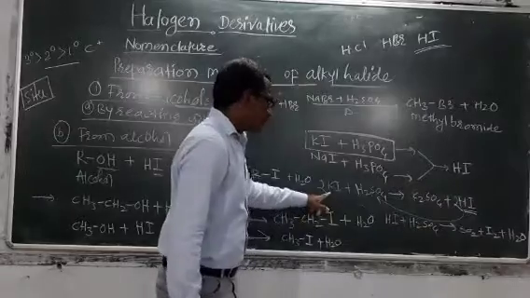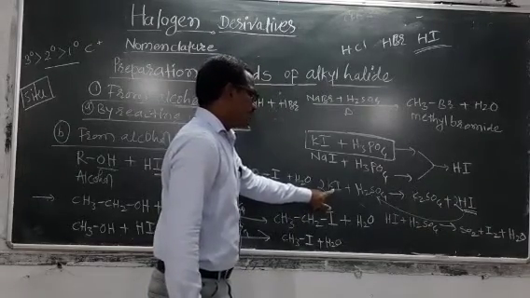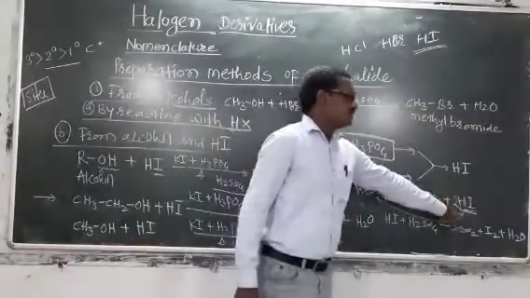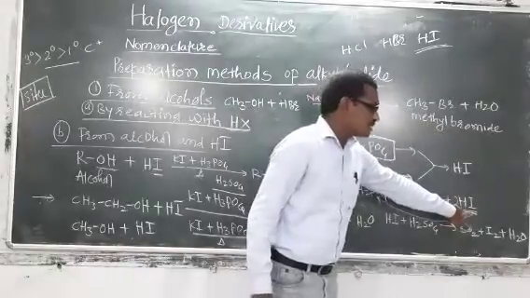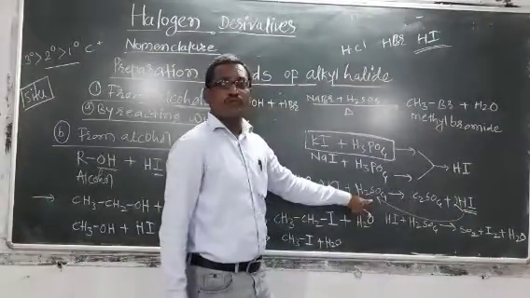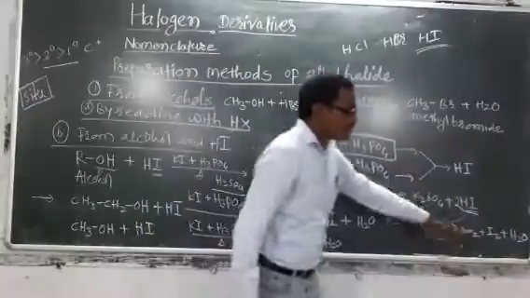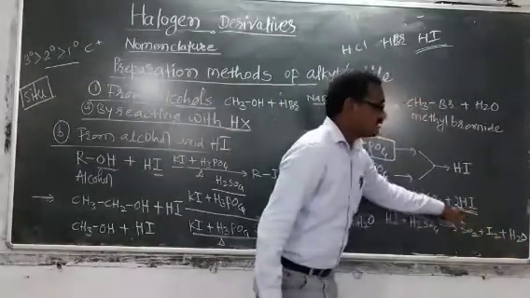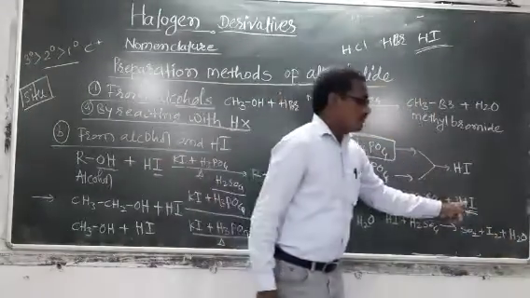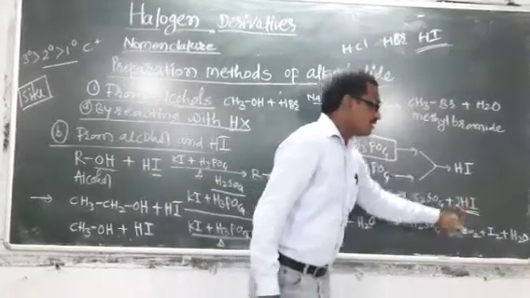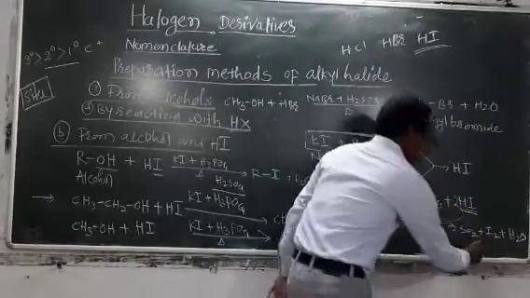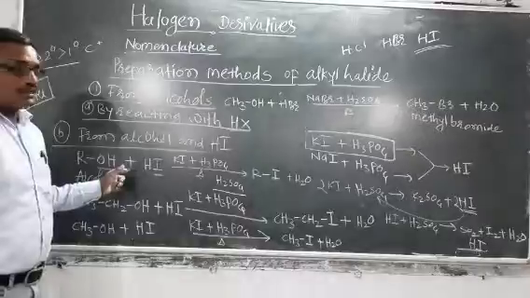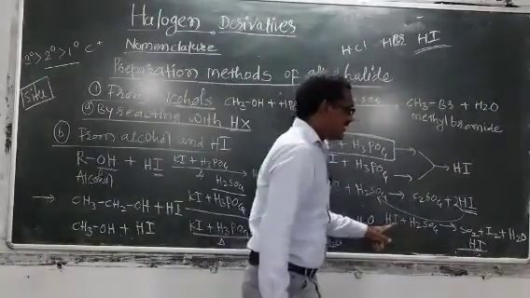Suppose we have treated potassium iodide or sodium iodide with H2SO4. In the first step, we get HI as a product, but this product again reacts with H2SO4 and gives SO2 plus I2 plus H2O. Means this HI gets diminished, so we do not obtain any HI in the reaction, and the reaction will not proceed. Why does H2SO4 react with HI?